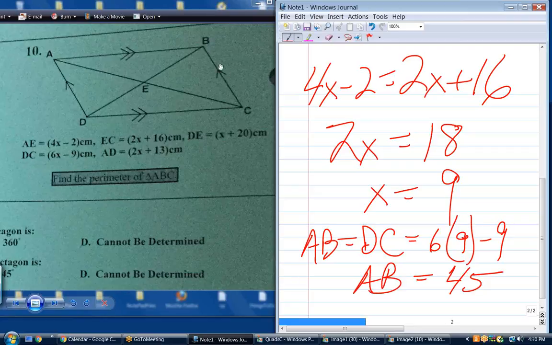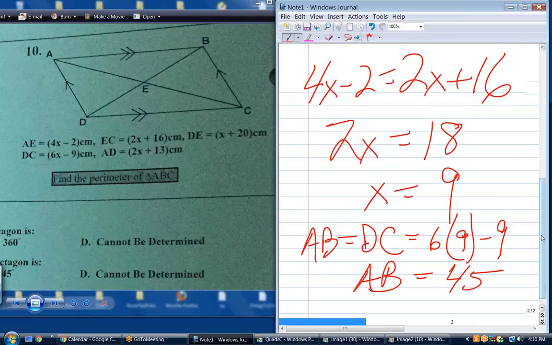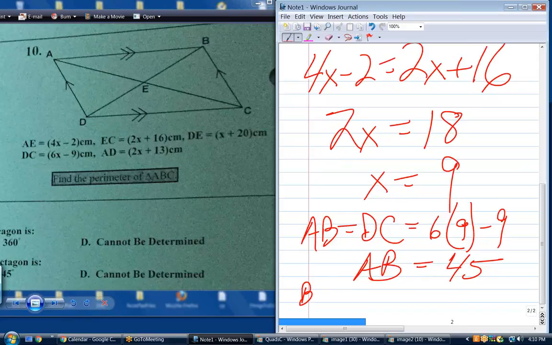Okay. And BC is equal to what other measurement that they have on here? AD. Okay, and what's AD equal to? 31. And finally, we have AC.